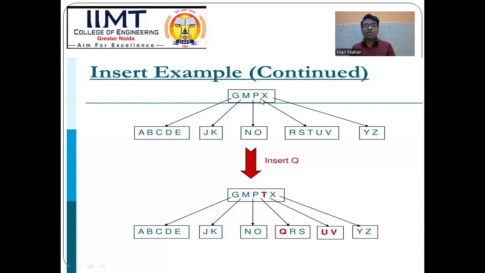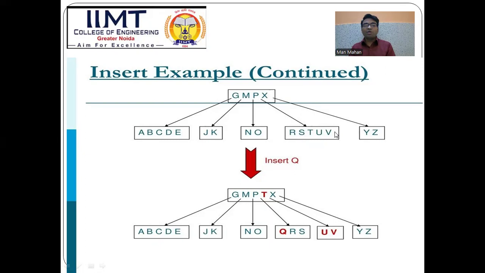Q goes to the right side of P. Now you can see Q is inserted. But before inserting Q, we move the T value upward. Why? Because the key values R, S, T, U, and V are the maximum, and Q is also an additional value.